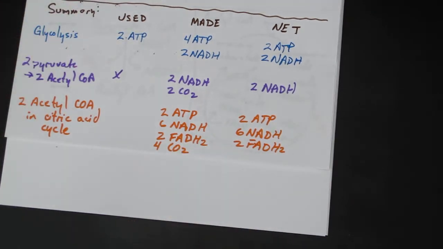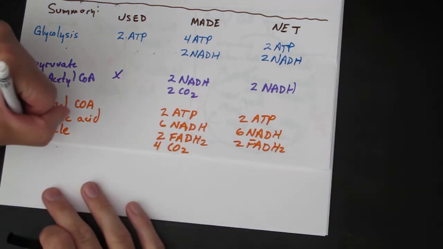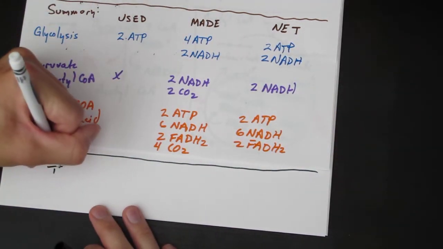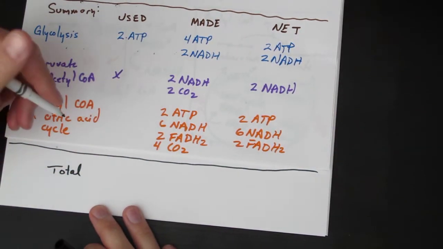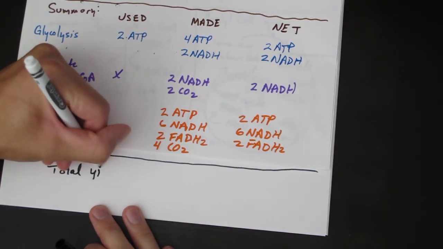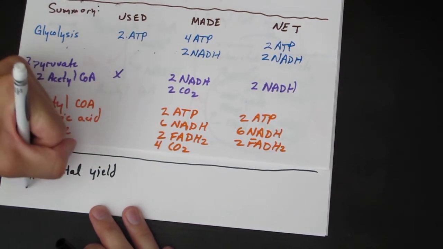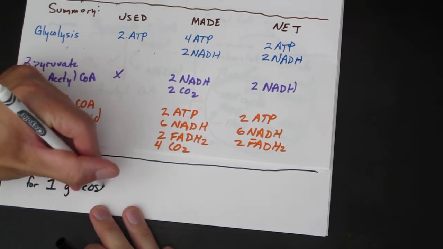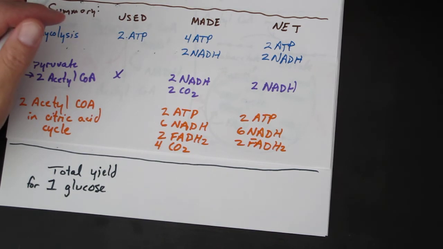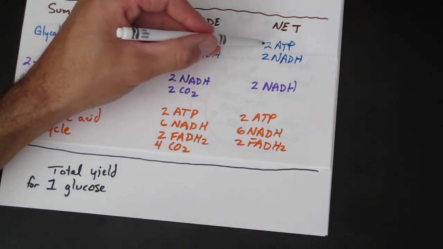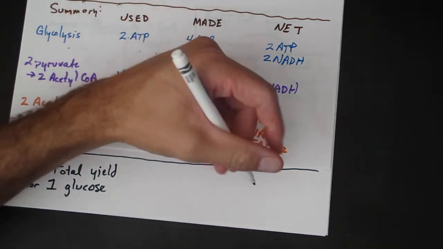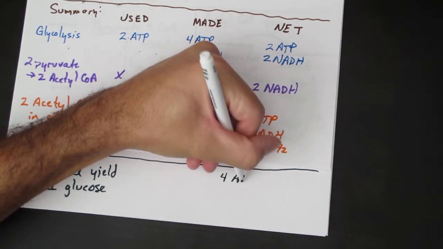So I want to draw my line here, and I want to say the total yield for one glucose. Okay, so if we add this up, let's take our ATPs first, right? We had 2 here, we had 2 here, so we have 4 ATP.